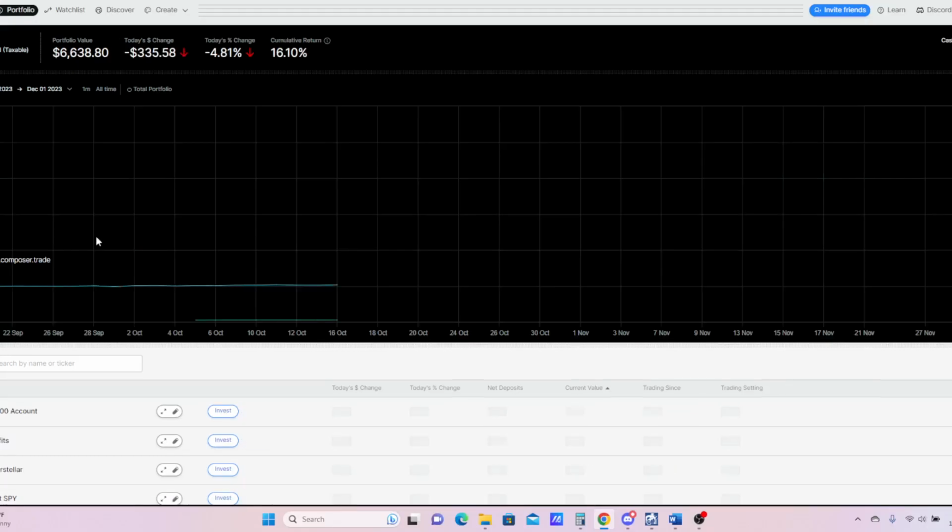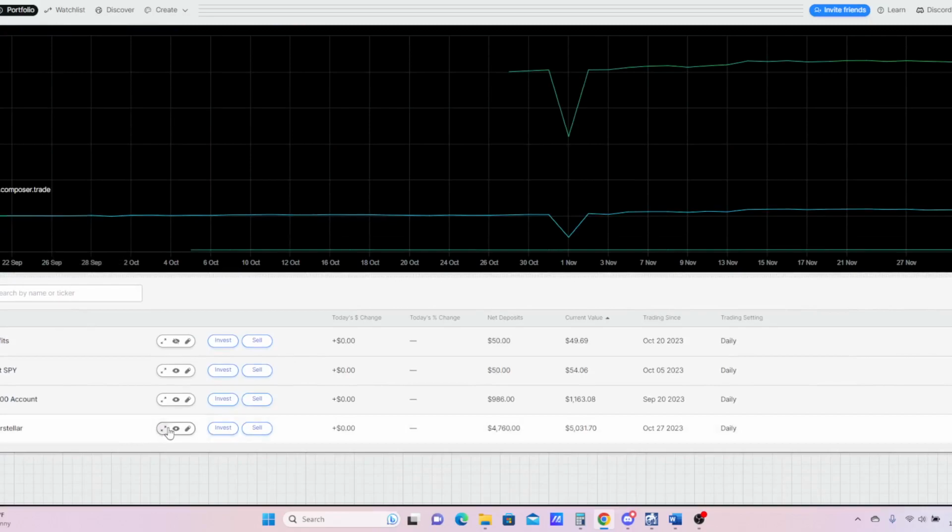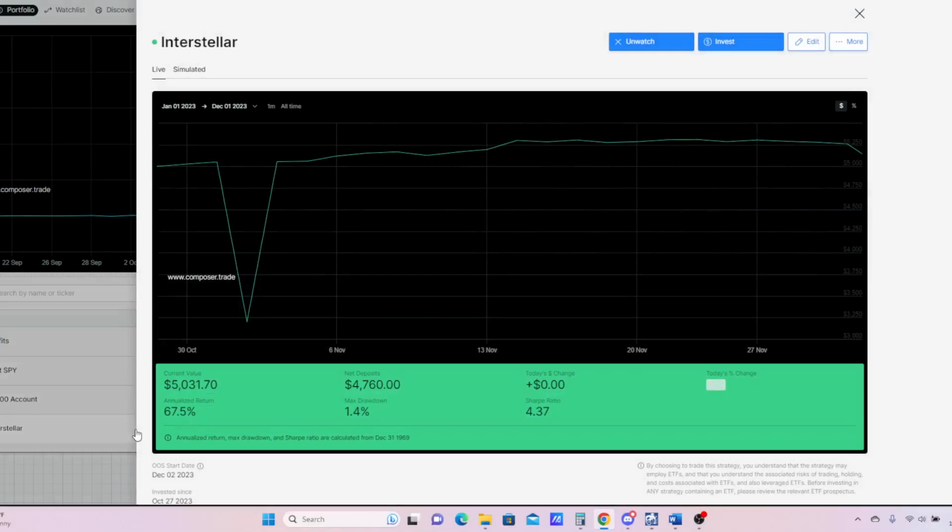So if I go to my portfolio, this is my master. It's just called Interstellar, but it's my master symphony. If I open the fact sheet for it, it's going to give me the live results for my master. So let's see, I've been running this since October 27th.